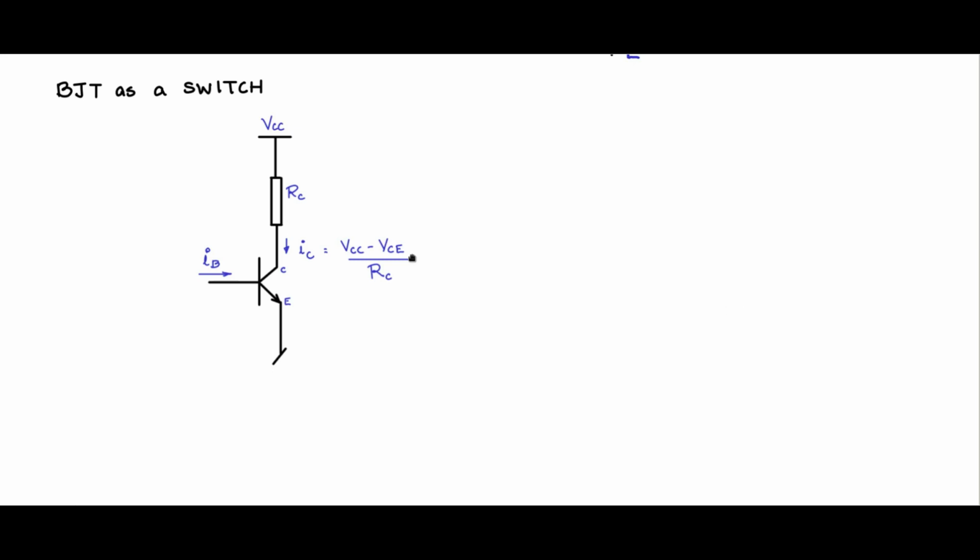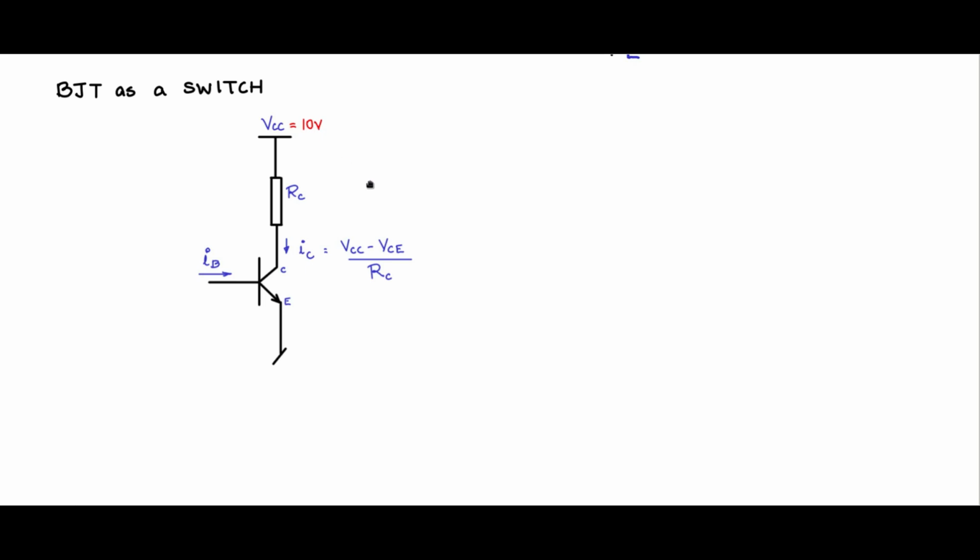Now let us try to put in some specific values and try to understand. First, let us see how it works in the linear mode, the BJT in the linear mode, where there is a direct relationship between IB and IC, which is equal to a constant value beta.